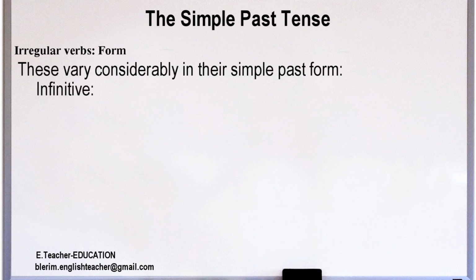Infinitive with the verbs, for example, to eat, to live, to see, and to speak. Okay, just pay attention here. As with the regular verbs we add ed in the past simple. Now these are the irregular verbs. To eat, to live, to see, to speak are irregular verbs.